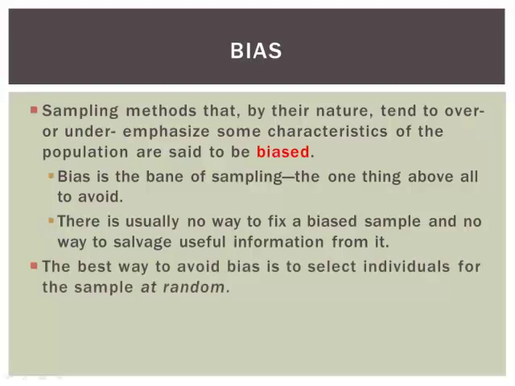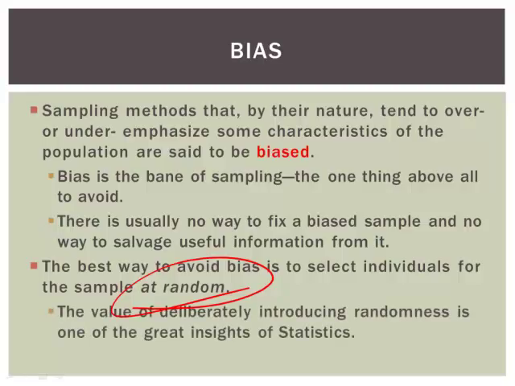The best way to avoid the bias is to select individuals for the sample at random. That is going to be key for the entire class, that we are going to be taking random samples. The value of deliberately introducing randomness is one of the greatest insights of statistics, and we will discover that throughout this course.